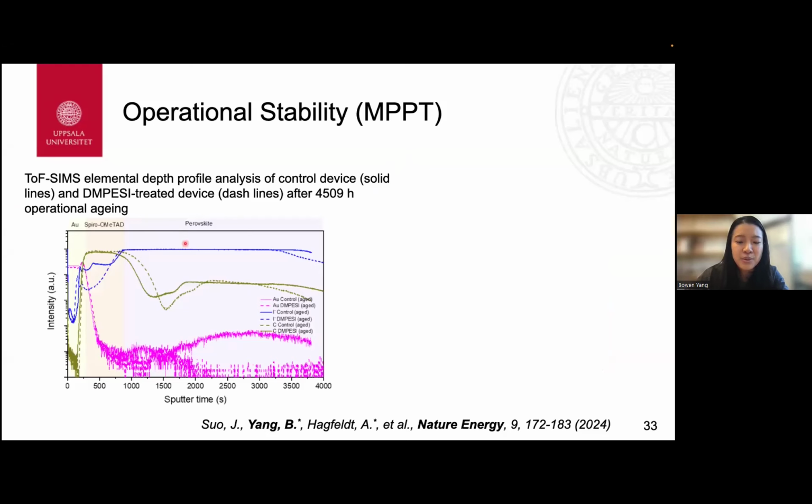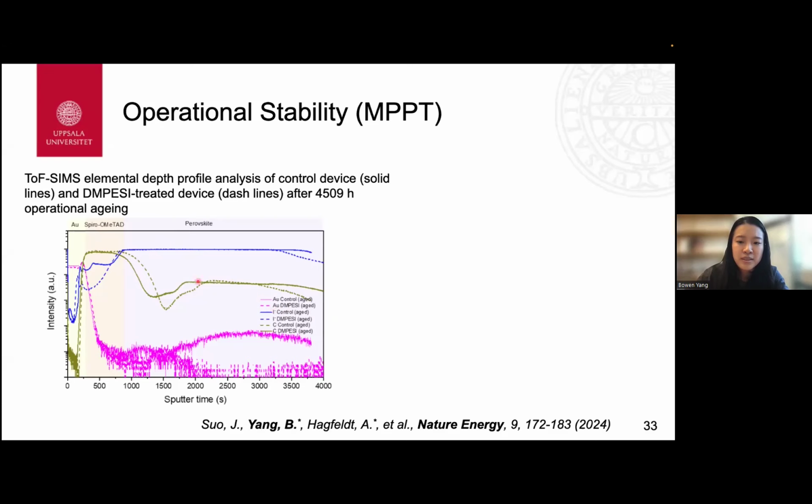And then to further prove the inhibition of ion migration, we did some ToF-SIMS measurements, elemental depth profile measurements, for both reference FAPI devices and the passivated devices before and after MPP tracking for over 4,000 hours.